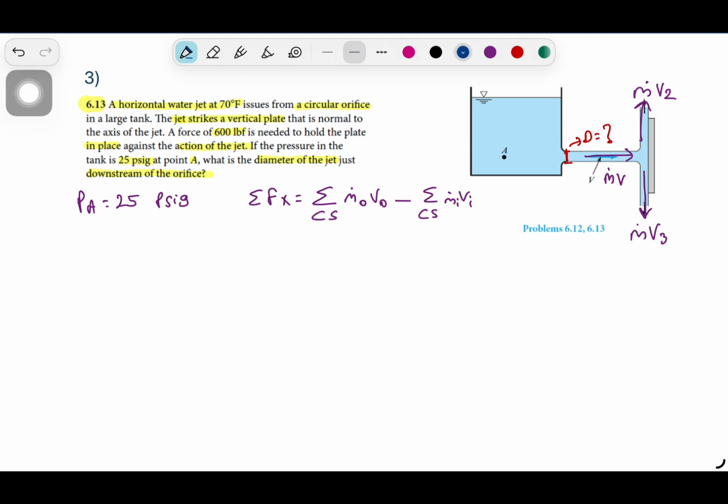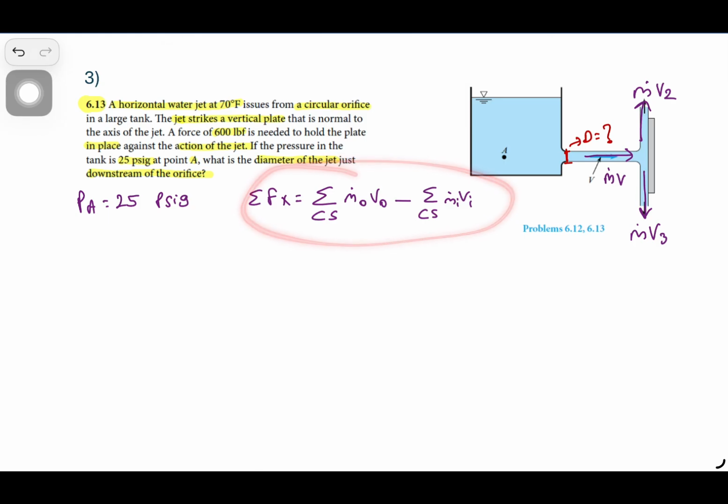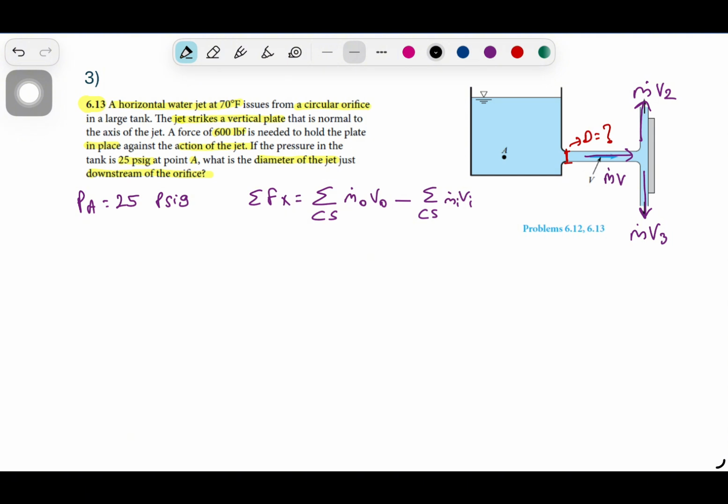So to find the diameter, we need to do something with force, but before that we need to find actually velocity because it will be used in this momentum equation. So let's find that.